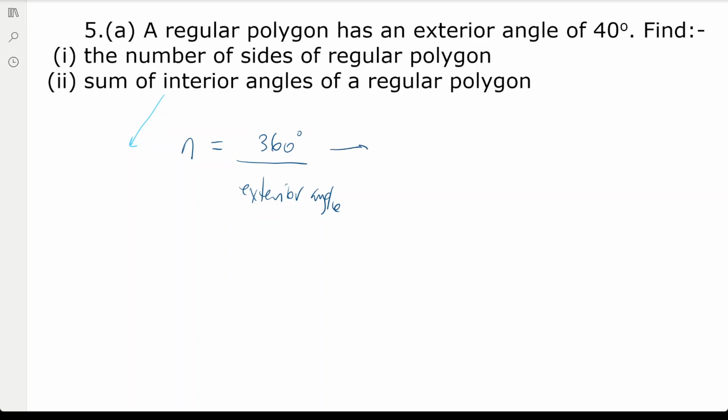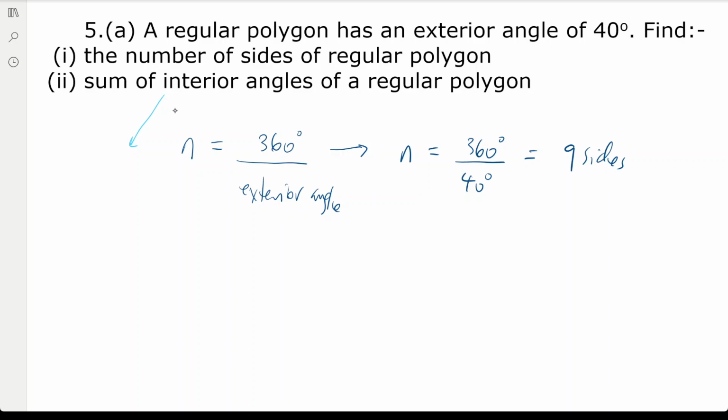For our case, we are looking for the number of sides. You take 360, you divide it by 40 degrees. Eventually you get 9 sides. So the number of sides of this given polygon is 9, dear students.